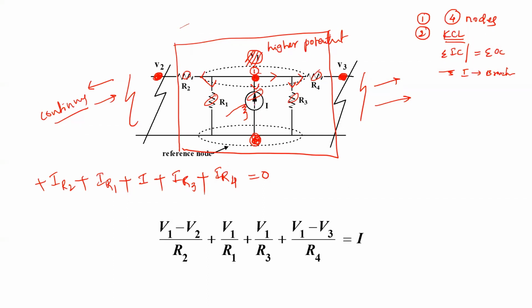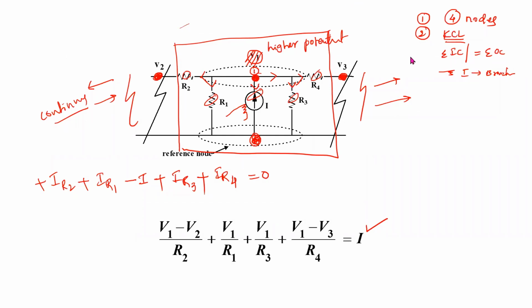That's why instead of a positive value for this current source, it should be a negative value. So simplify this, what will we get? So this I will come towards the right side.